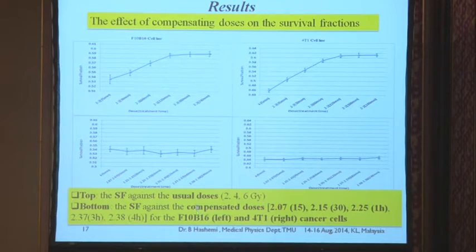But if you calculate the compensating doses as we did in this study for any situation by determining those parameters, for example, instead of giving 2 grays in 2 sessions, we gave 2.7 grays after 50 minutes. And for 30 minutes, we gave 2.15 grays after 30 minutes. And for 3 hours, we gave 2.37.